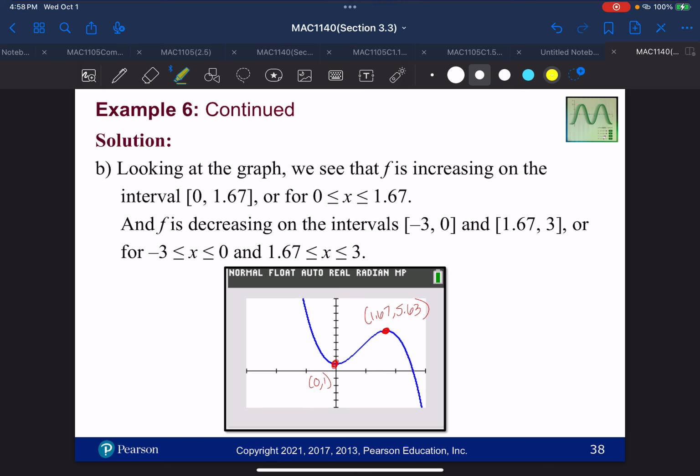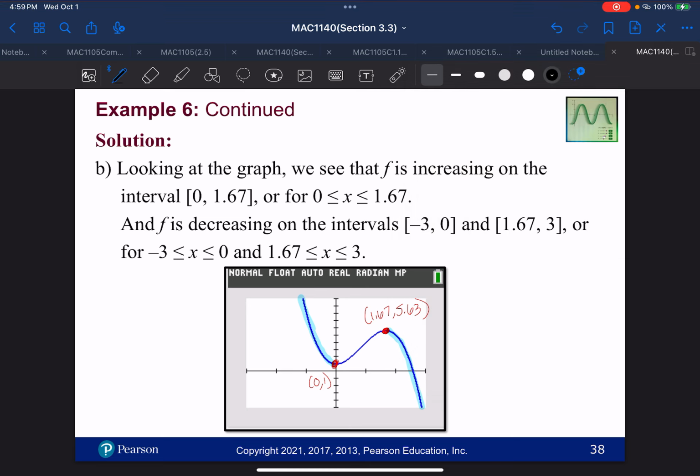So the function is decreasing from here to here, and then from here to here. So decreasing, they get that is from, hold on, I don't know what they, okay. Oh, that's right. Okay. So remember, they told us to cut off our domain for x.